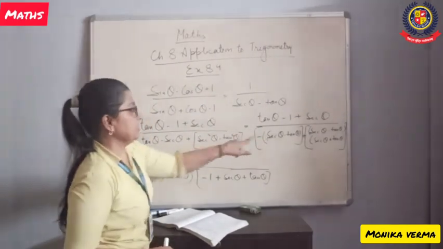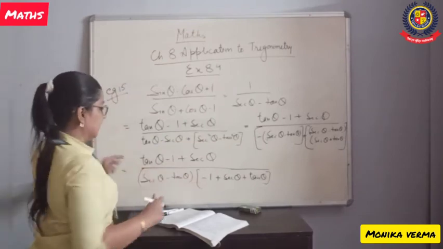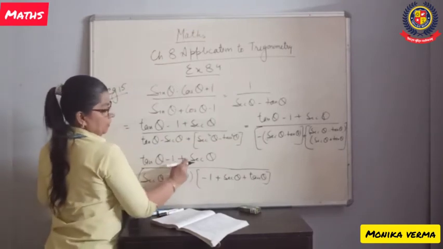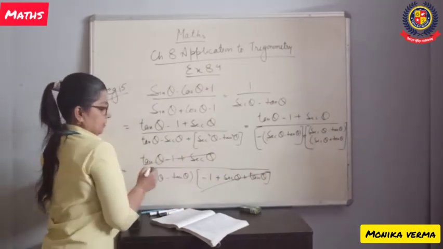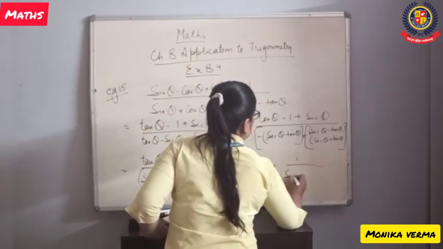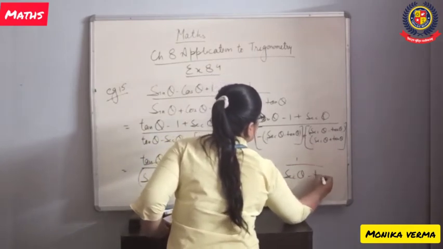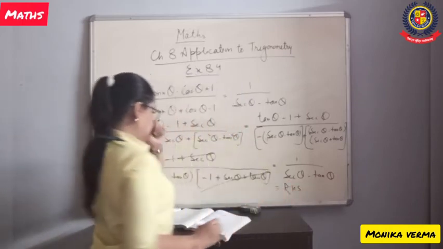Tan theta was plus, it has become minus. Now I got minus 1, I will tally minus 1 plus sec theta plus tan theta. It can be cancelled. So I got 1 upon sec theta minus tan theta, which is equal to RHS.